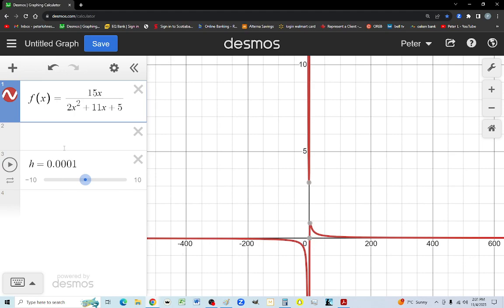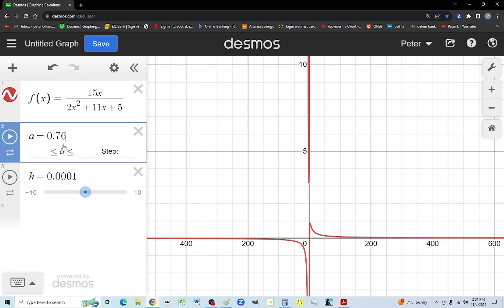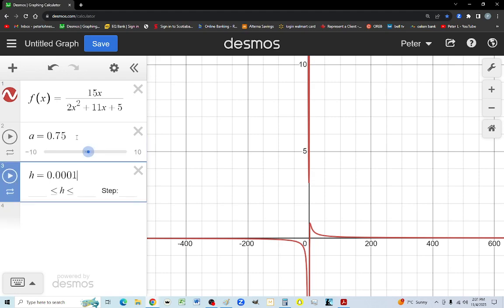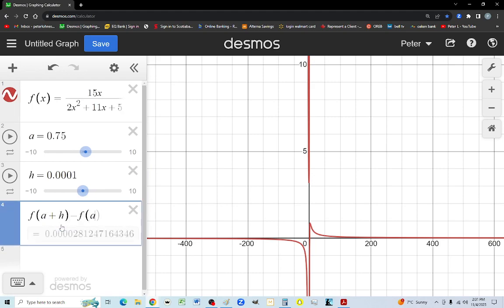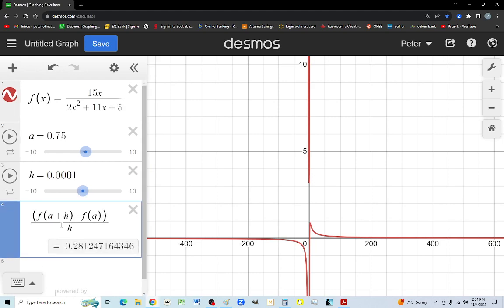And they want to know, for when A is 0.75, how quickly are we making revenue? And it would be this: F of A plus H minus F of A, all divided by H. So that means we're making $281 per cupcake at that point.